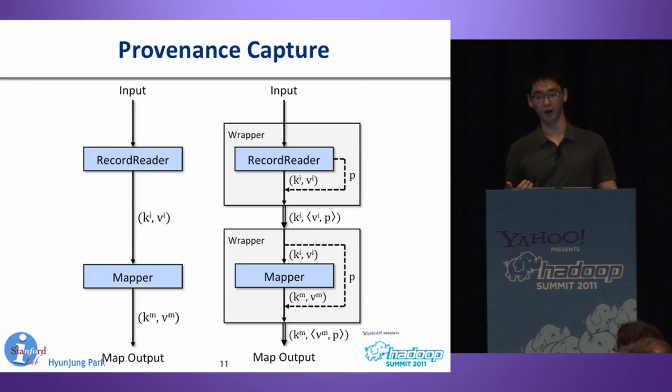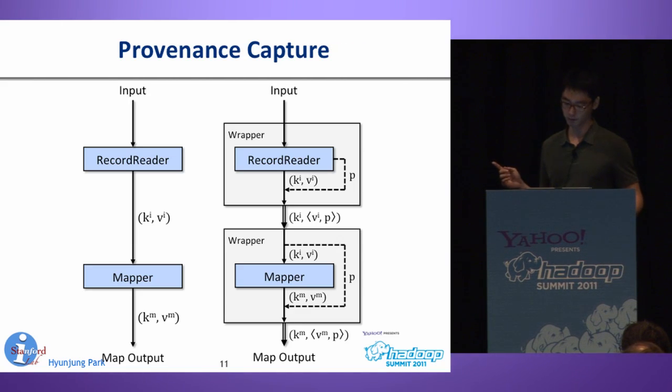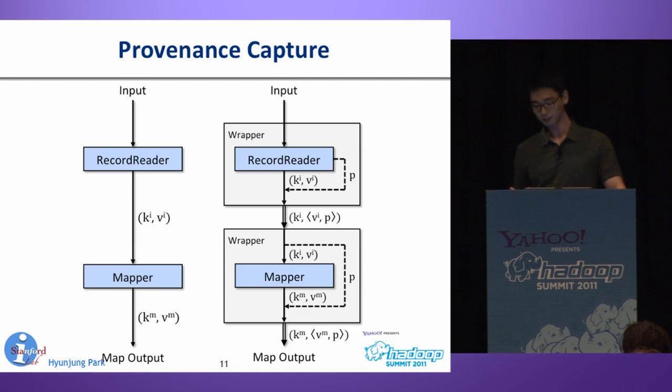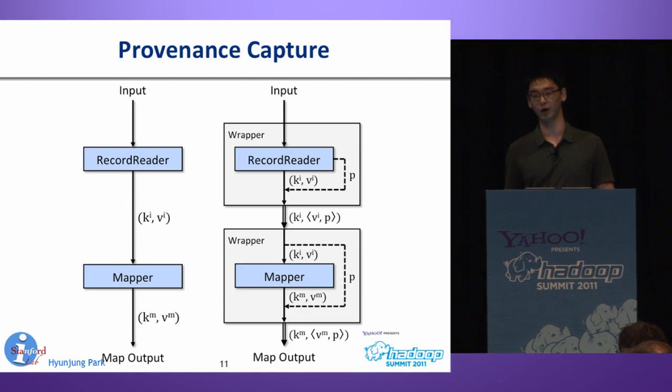The goal in the map phase is explicitly tagging each map output key value pair, here km, vm, with the provenance information p, that is an input element ID assigned by the record reader. Okay? Other than this element ID information p, the input and output of both record reader and mapper are exactly the same with or without provenance capture.